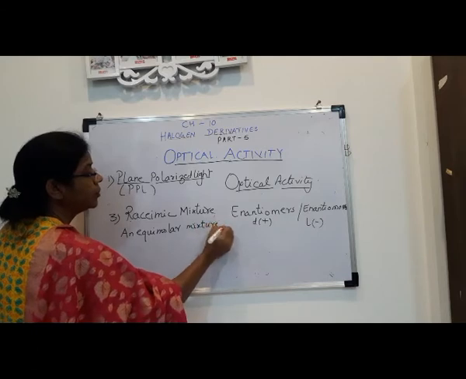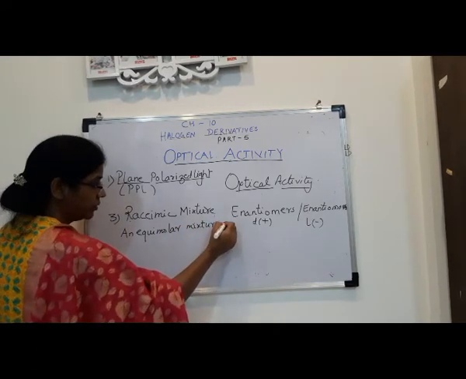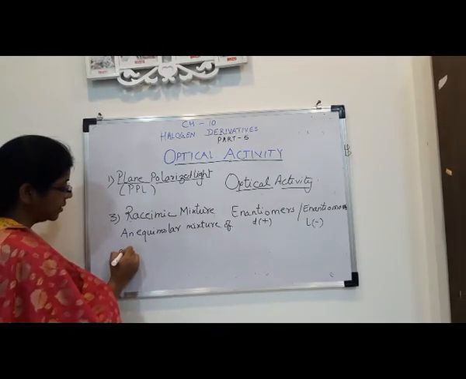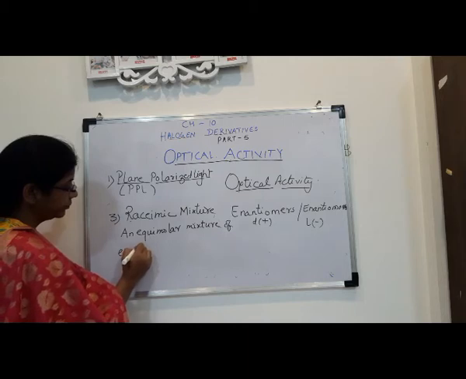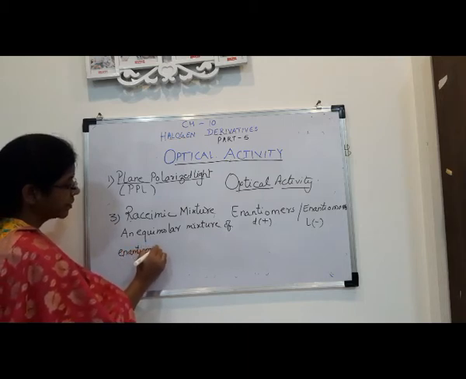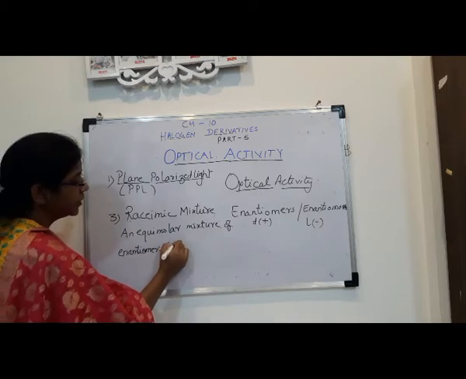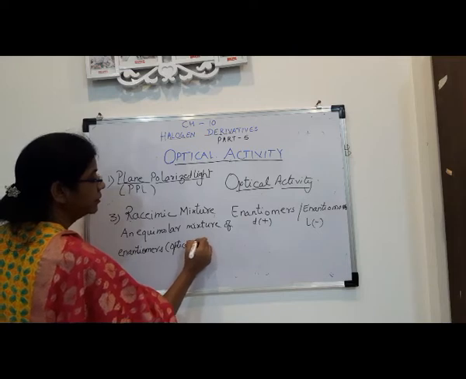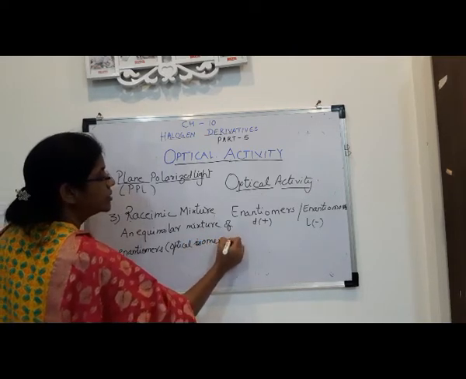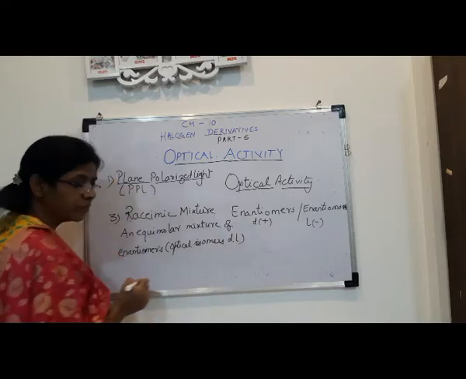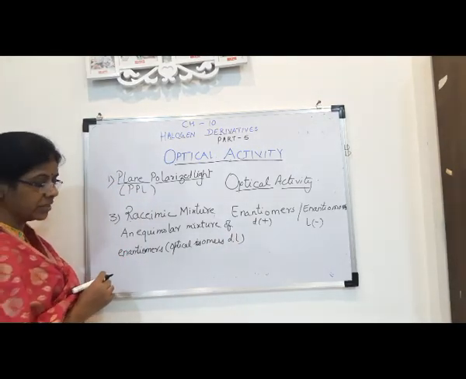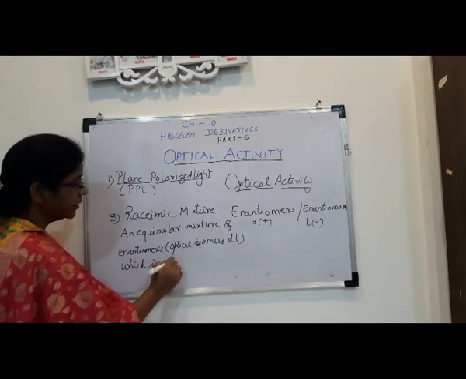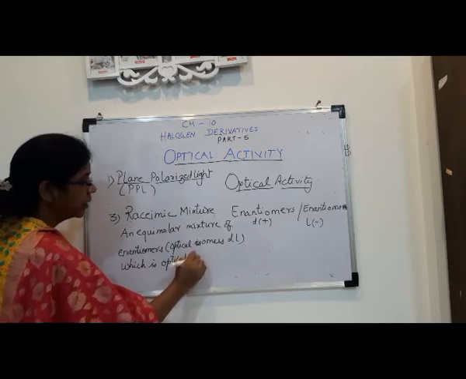An equimolar mixture of enantiomers, you can say optical isomers, or the dextrorotatory and levorotatory forms, which is optically inactive.